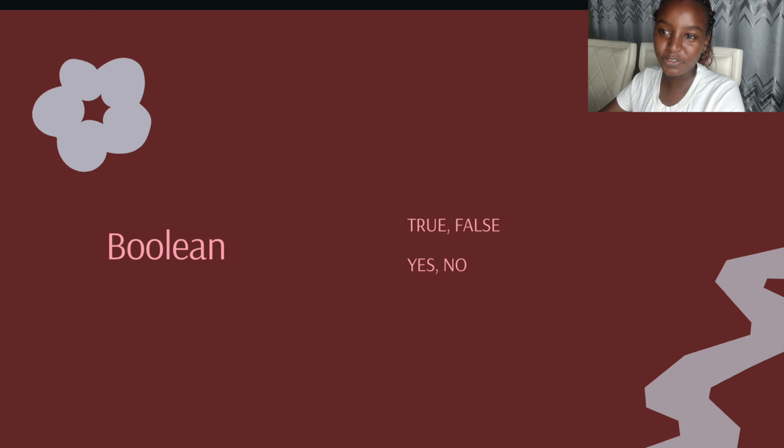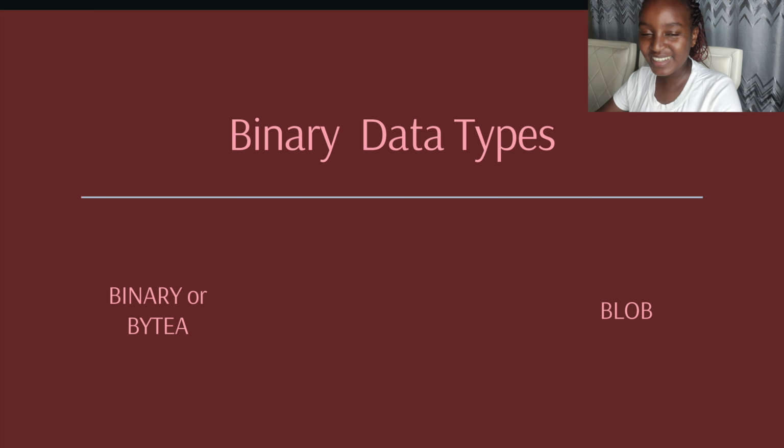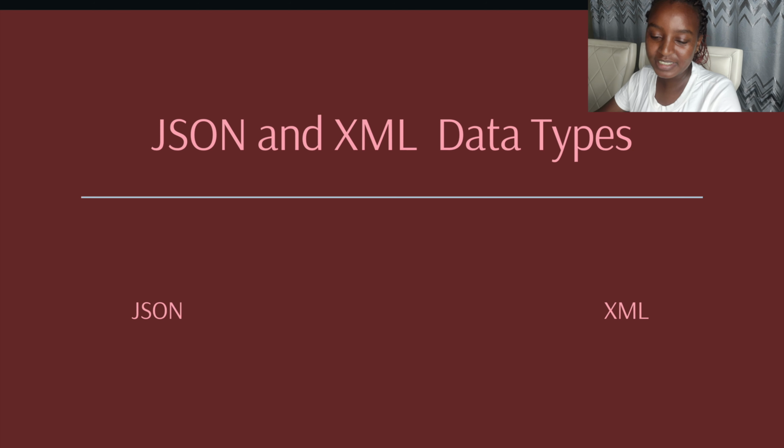This is your true and false, yes or no, y or n, depending on 1 or 0. Binary data types store binary data such as image files, and we have blob, which is a binary large object. JSON and XML data types, when you want to store your JSON, when you want to store your XML, you use these data types.